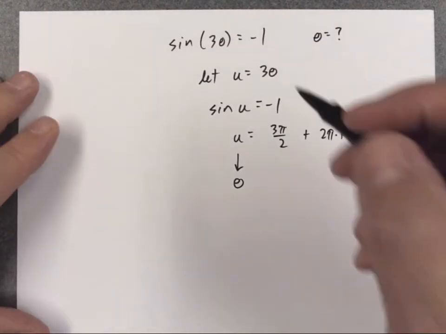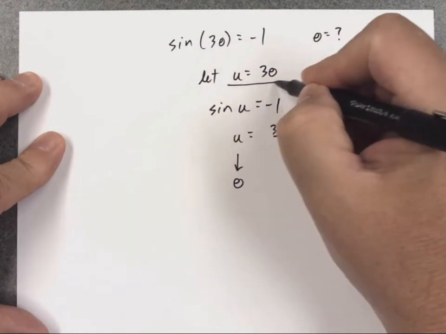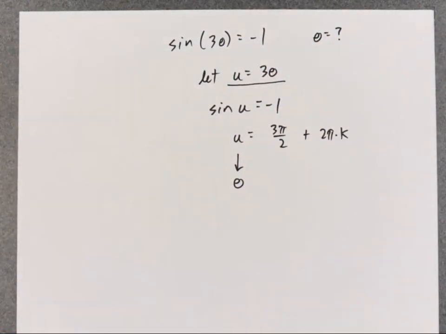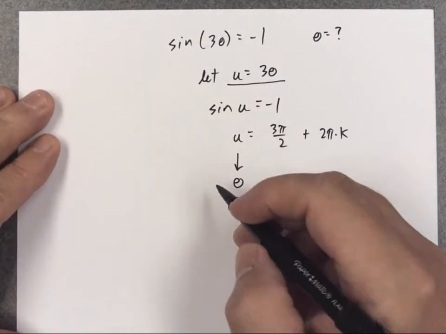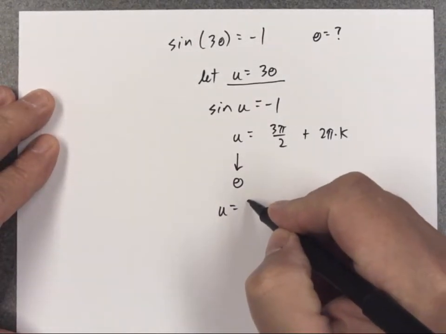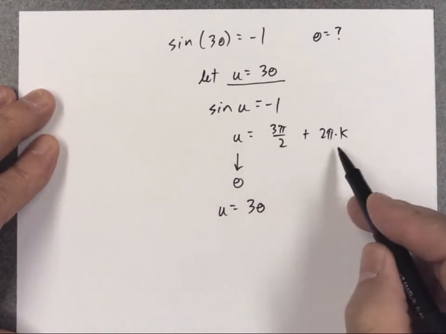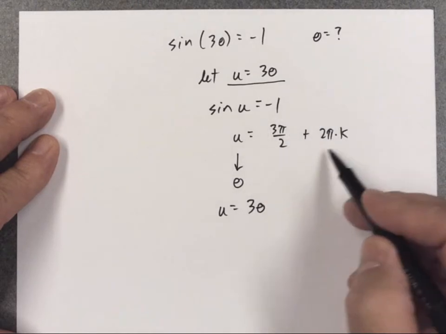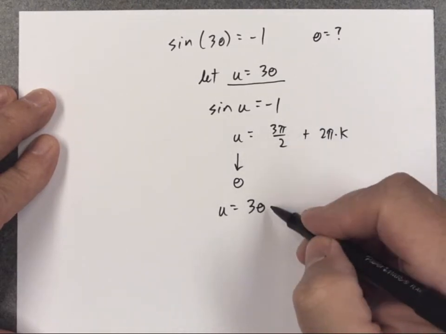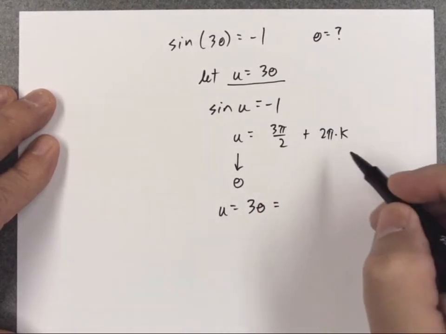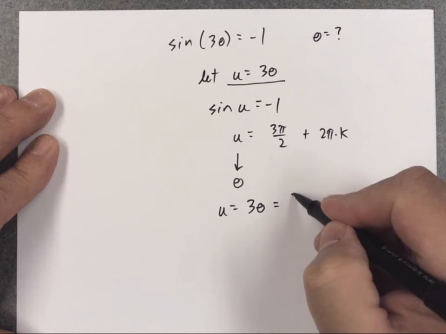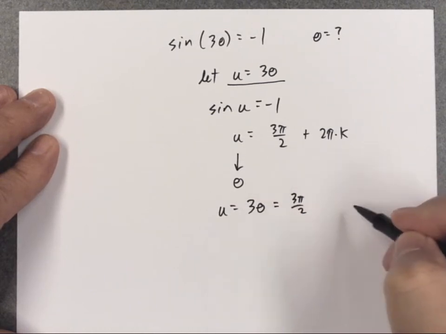The way I do that is I go back to my original definition of u. When I first introduced u, I said u equals 3 theta. Now here is also my solution for u. So u also equals this, so let's write this out.